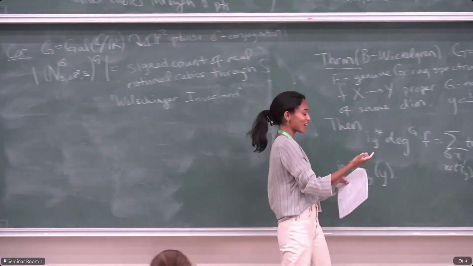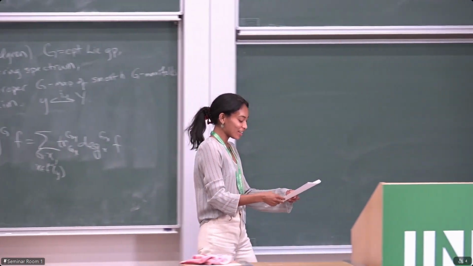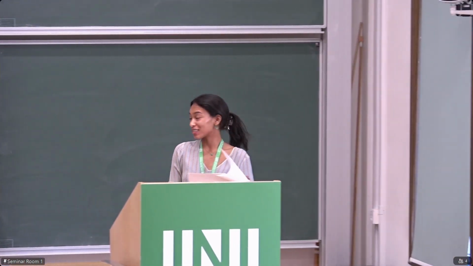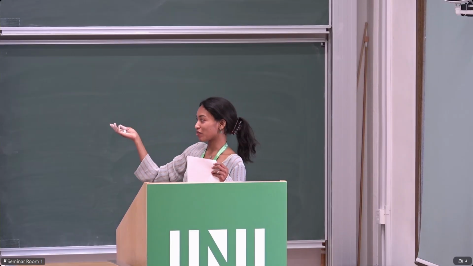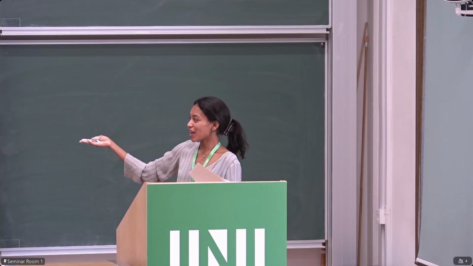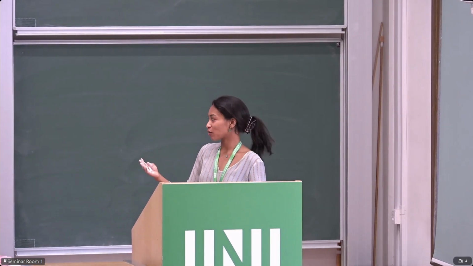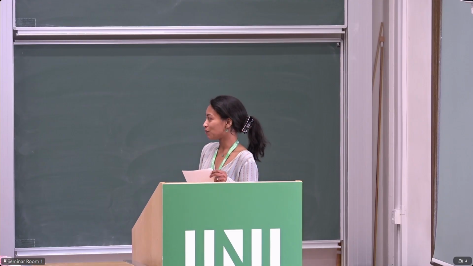But it's a good sense check: if you make something equivariantly, you'd like to do some examples, and it's kind of hard to find points that are fixed in P2 under whatever group action you give me. But here's a sense check: we can, from this equivariant count, get back a count of real rational cubics.